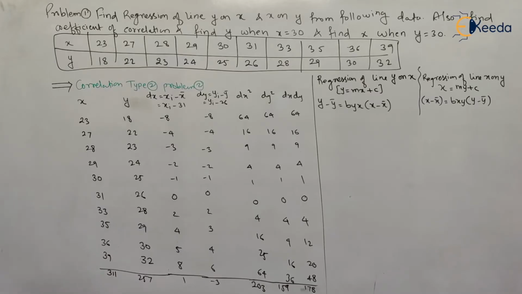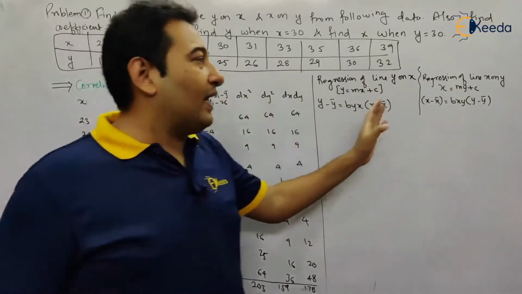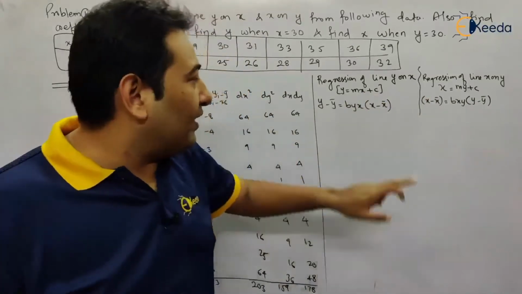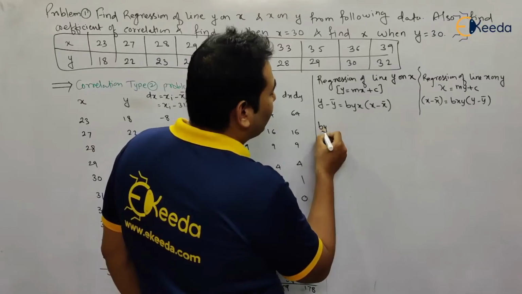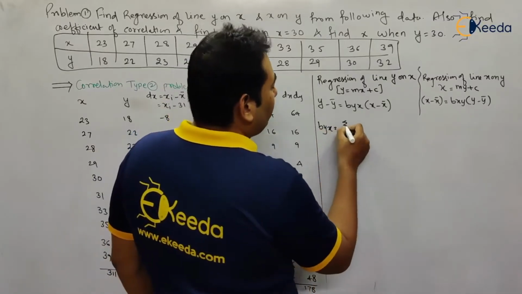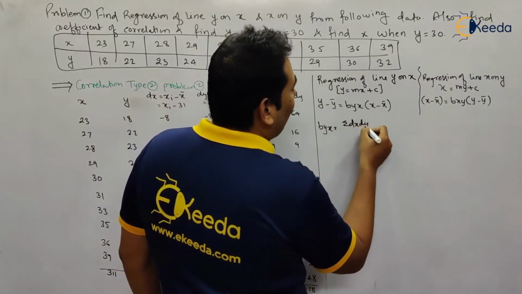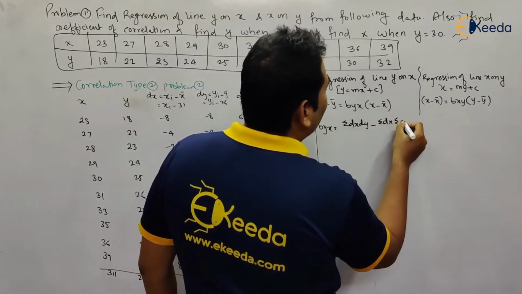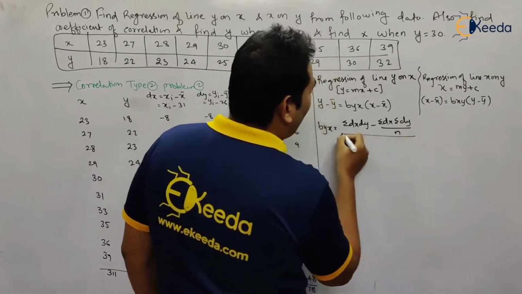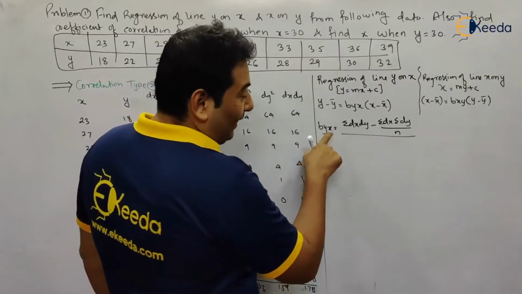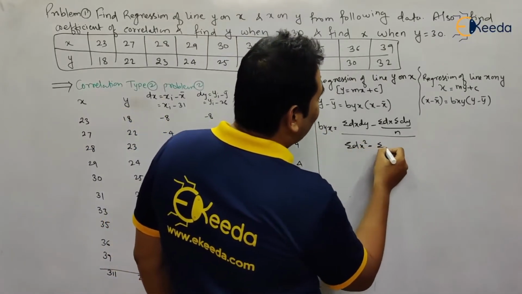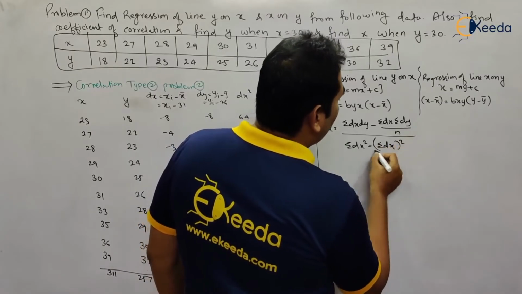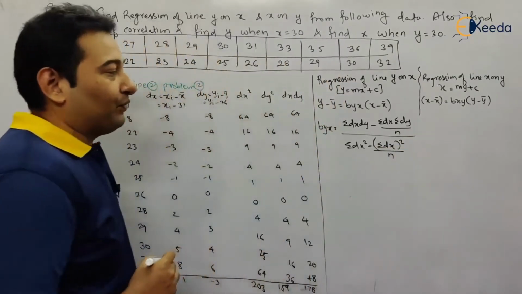For finding the regression lines of y on x and x on y, we need to find byx and bxy. First, byx, and the formula is: summation dx dy minus summation dx summation dy upon n, upon the square root, and the second character is x, so it will be summation dx square minus summation dx the whole square upon n.